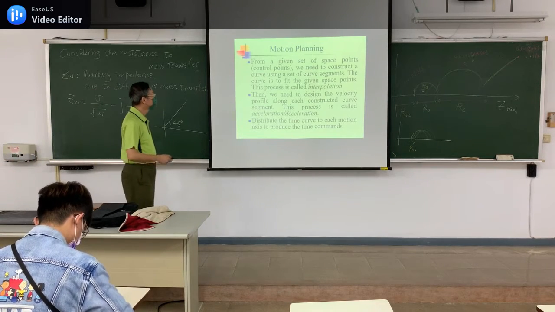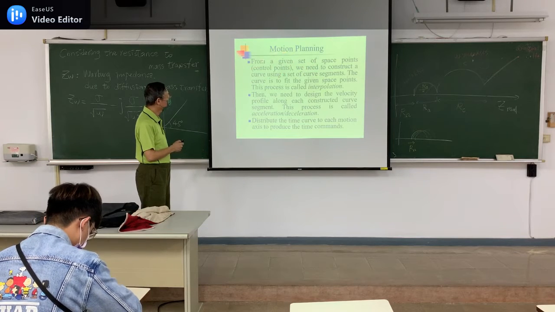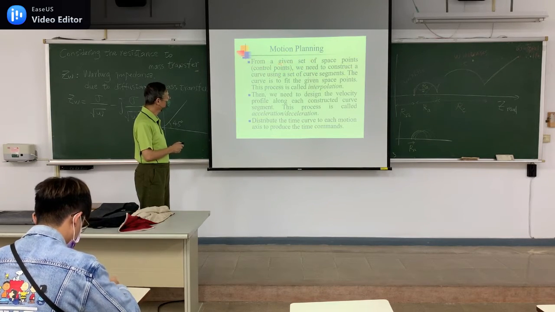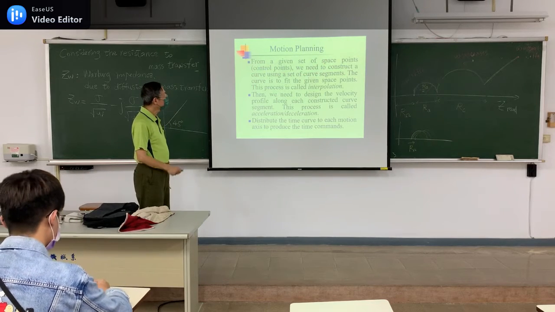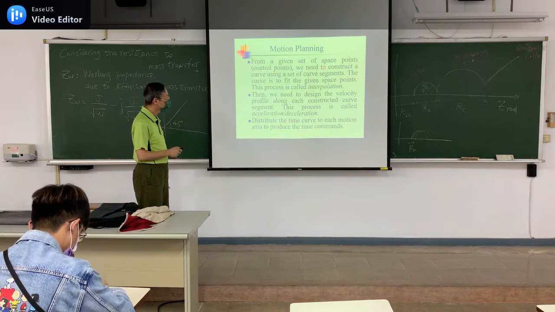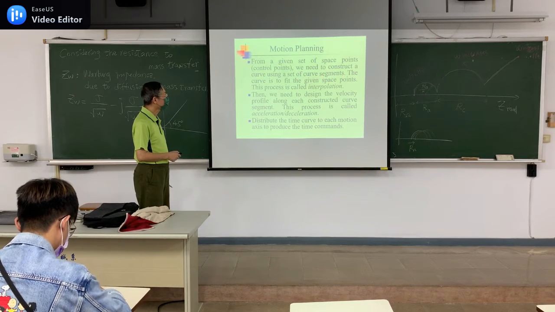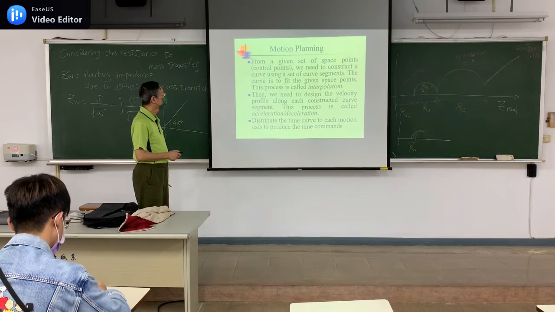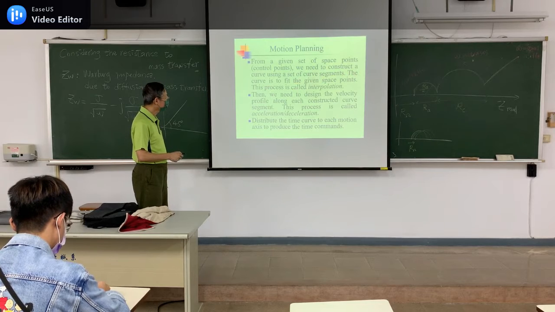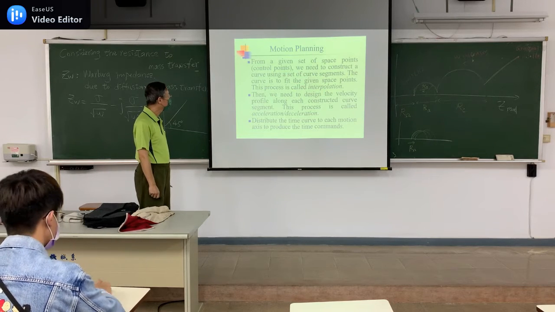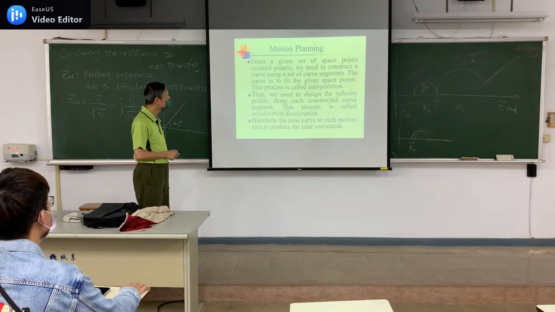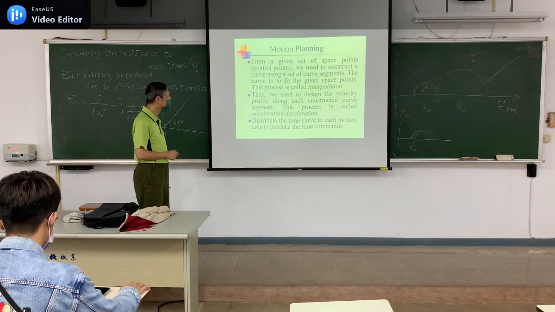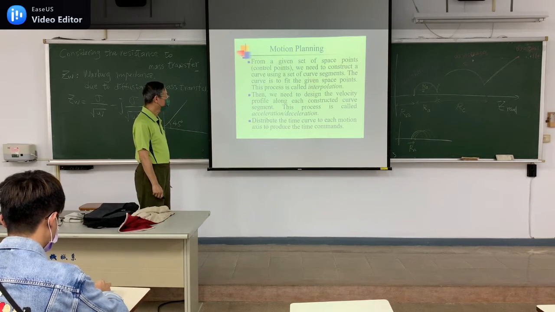So, from a given set of space points, which we normally call control points, we need to construct a curve using a set of curve segments or line segments. Okay? This process is called integration. Then we need to design the velocity profile along each constructed curve segment.